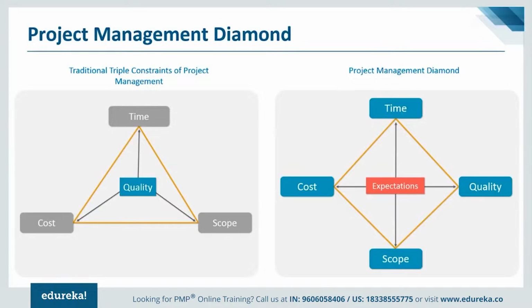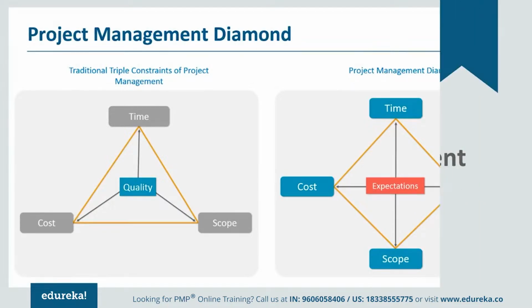If any of these constraints are not achieved, then obviously your customers will not be happy, and therefore it's important to also look at customer satisfaction as one of the constraints. So if you ask me how effective the project manager is, I would rather see how effectively the project manager is managing the constraints of the project, based on which the effectiveness of the project manager would easily be determined.